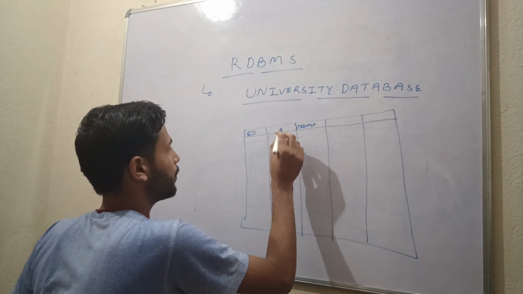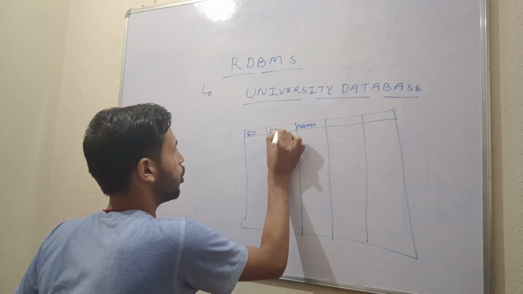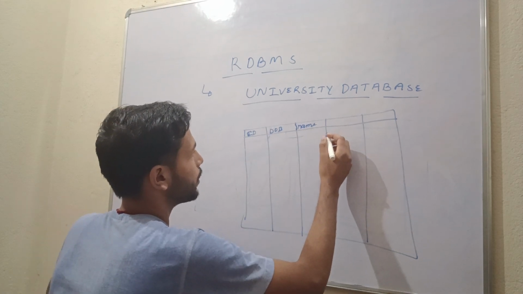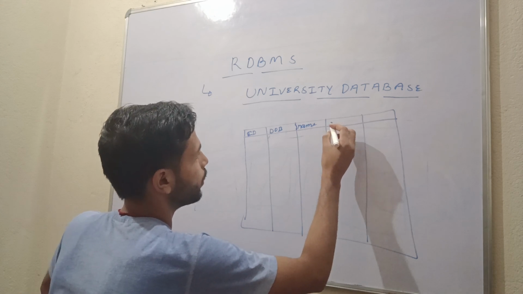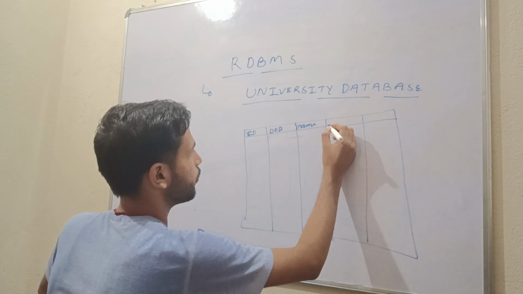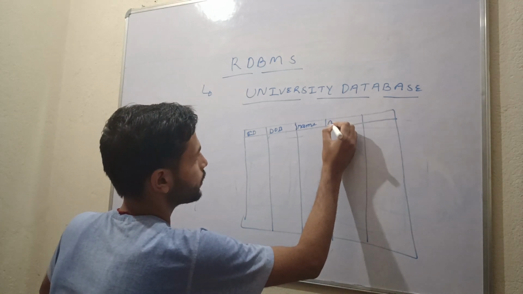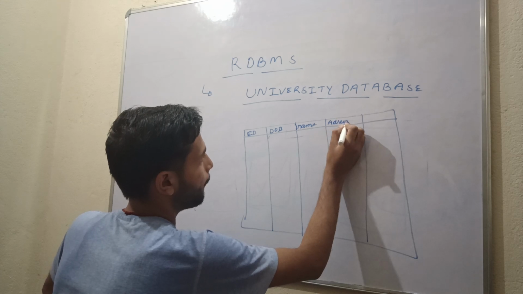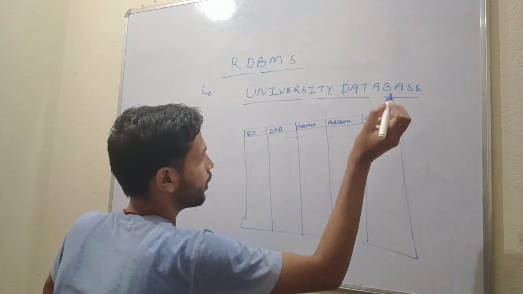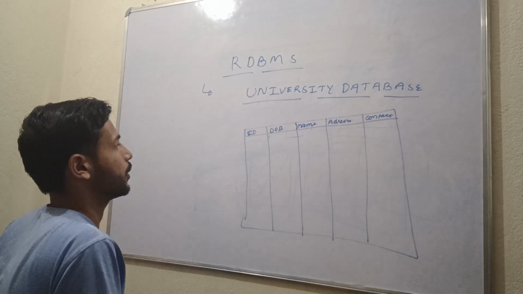So a student name, ID, date of birth, all things that are relevant to a student. Department will not be required. Name, ID, date of birth, address, contact number. So see how the data works.